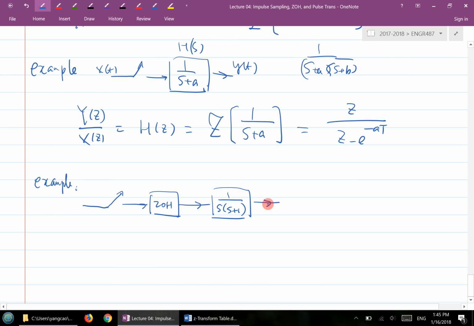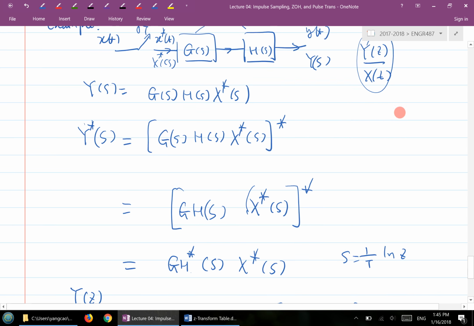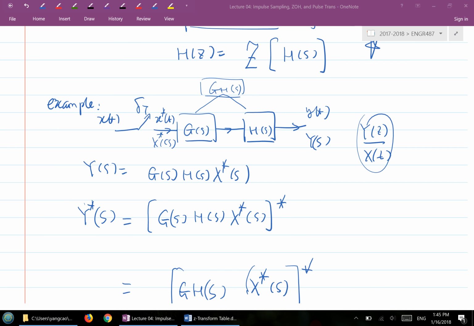So let's say this is another example here, and I will summarize. This is essentially a typical example of a so-called open loop pulse transfer function. So this essentially falls into this kind of schematic. You have two blocks here.